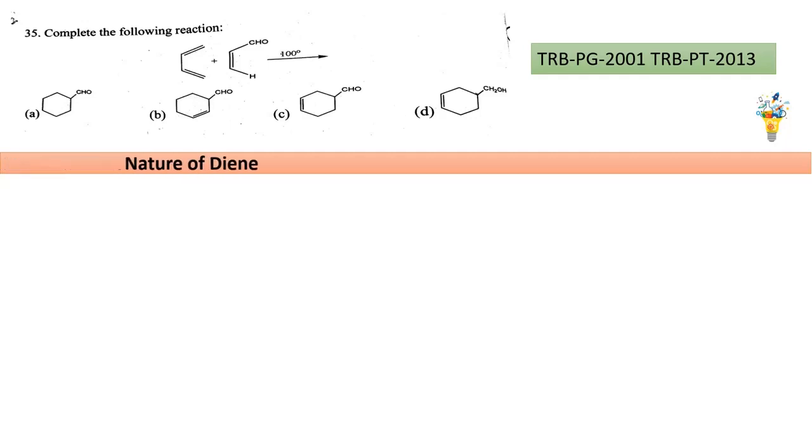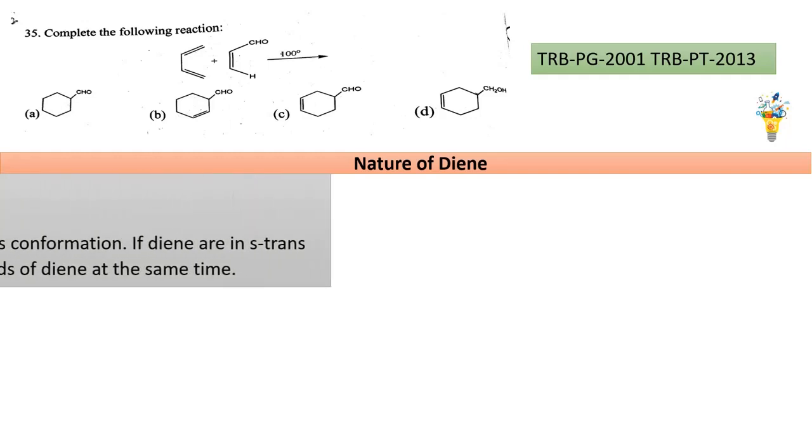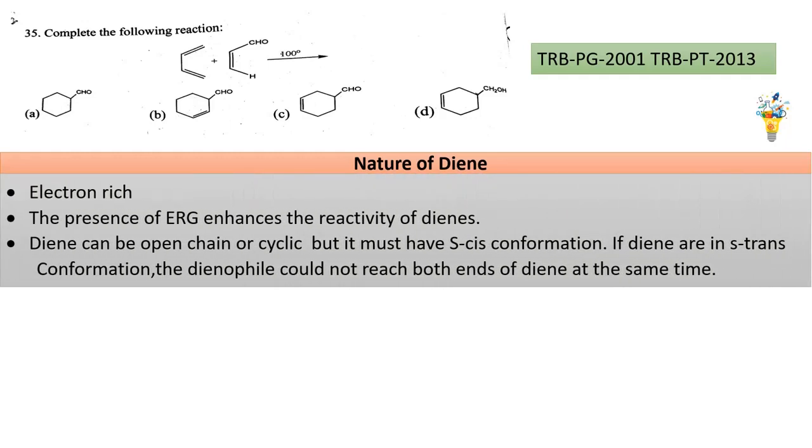Next is the nature of the diene involved in the Diels Alder reaction. Generally, the diene is an electron-rich species. If electron-releasing groups are present in the diene, it may be reactive to a greater extent.